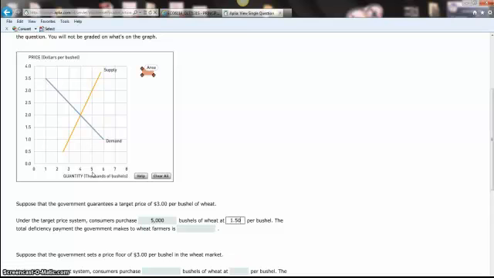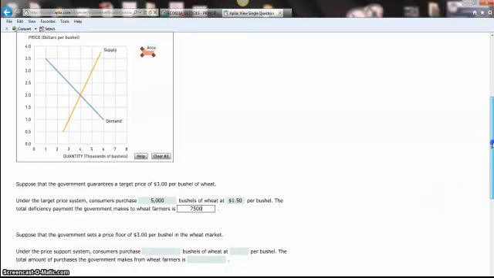If you take $1.50 and multiply it by 5,000, you get $7,500 that the government is going to have to kick in to pay these wheat farmers.